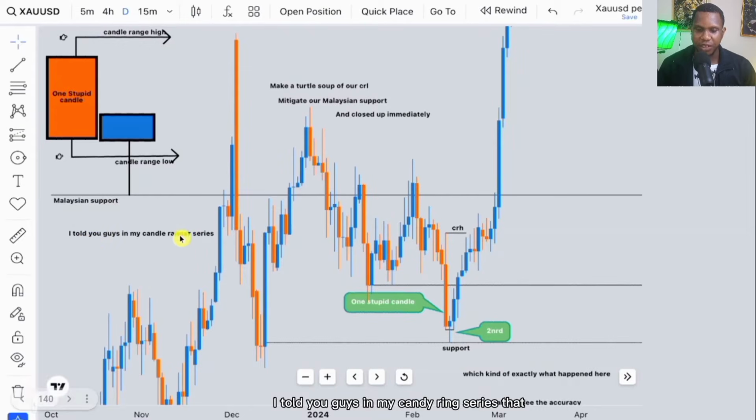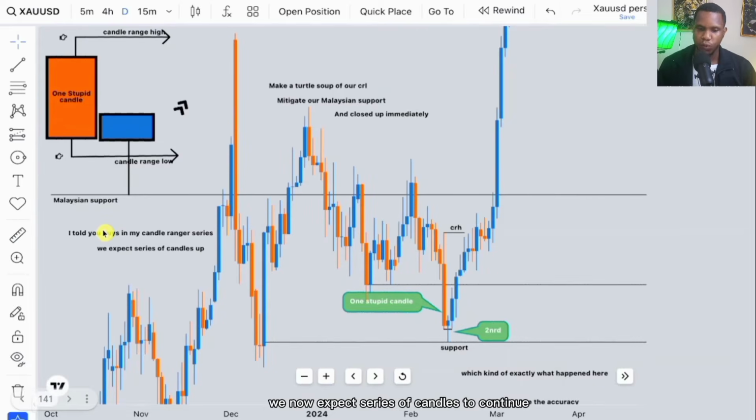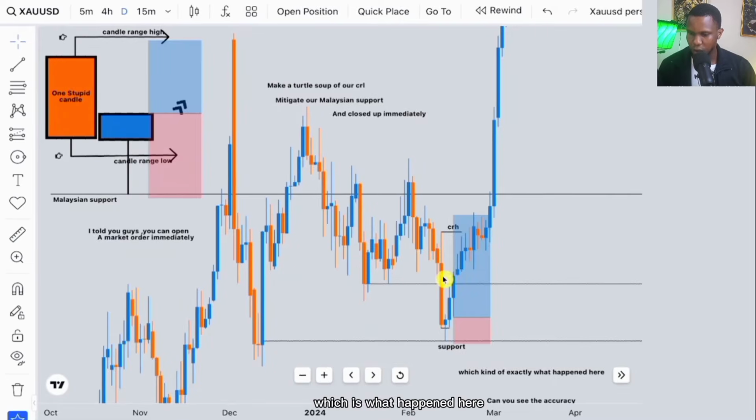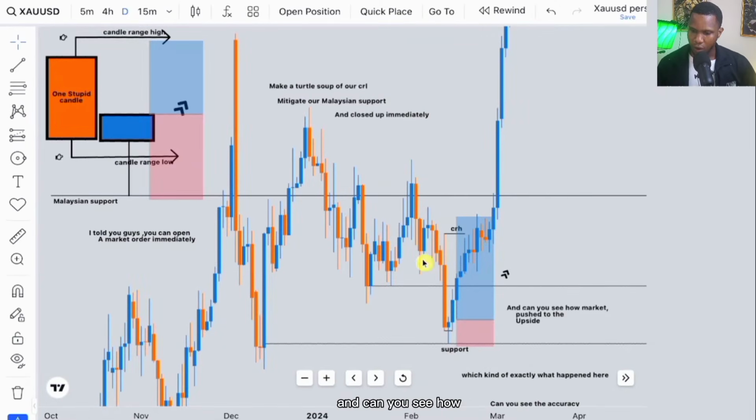I told you guys in my candle range series that we now expect a series of candles to start pushing to the upside, which is what happened here. We can make our entry here, stop loss below here, and can you see this will improve your win rate. And can you see how market pushed to the upside after forming our CRT here?